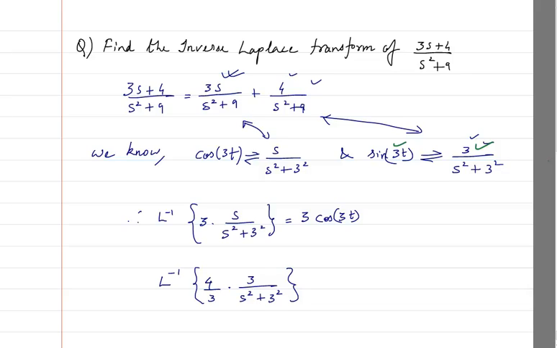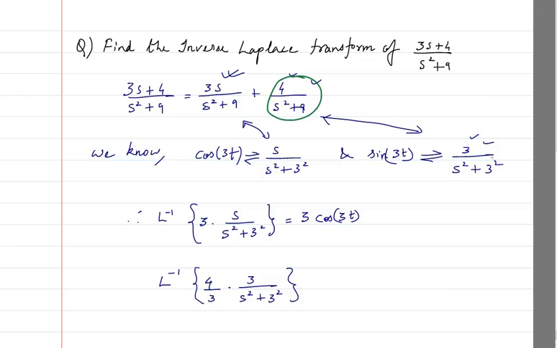So there is no way that I can do away with it in this formula. The only way to do away with this is if I divide it by 3. So 3 and 3 will cancel, and I will get 4 divided by s square plus 3 square, which is what is written here.